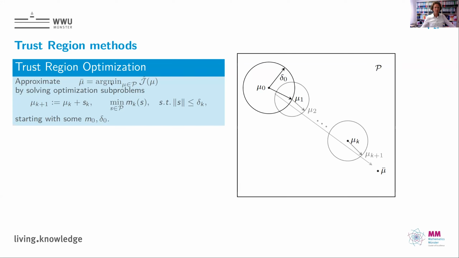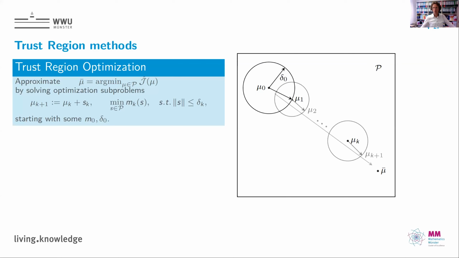So you replace the minimization problem of your original objective function by the minimization of a so-called model function m_k in each iteration step k. This model function, in our case later, will be given by a sequence of more and more accurate reduced models. So the solution then of this local optimization problem updates your global optimization loop to the next parameter.